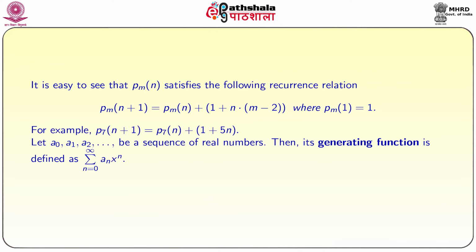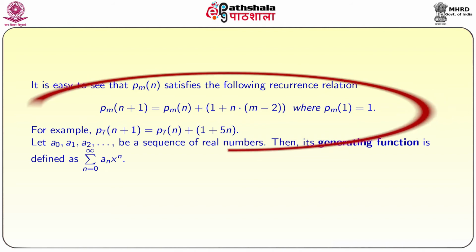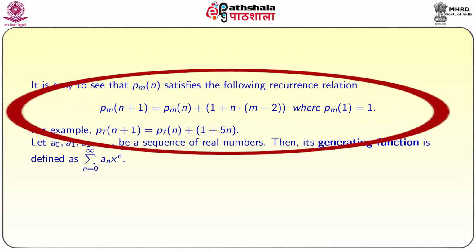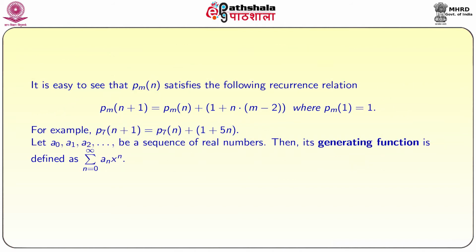It is easy to see that Pm of n satisfies the following recurrence relation as well: Pm of n plus 1 is equal to Pm of n plus 1 plus n into m minus 2, where Pm of 1 is equal to 1. For example, if I take P7 of n plus 1, then it is P7 of n plus 1 plus 5 into n.